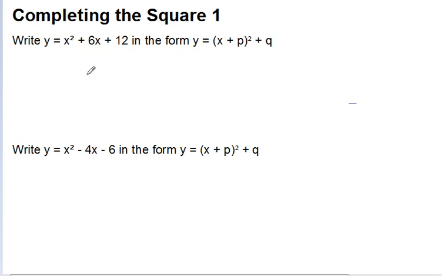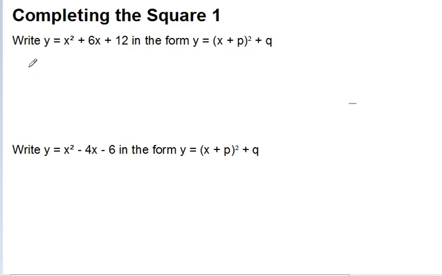Okay, so this is quite a simple technique, so I'm going to try and go through pretty quickly. I'm just going to start by actually giving you the answer, and then we can analyze how I got to the answer. So I know that if I want to write this quadratic here in this format, I can use a particular technique. So I'm going to write it out.